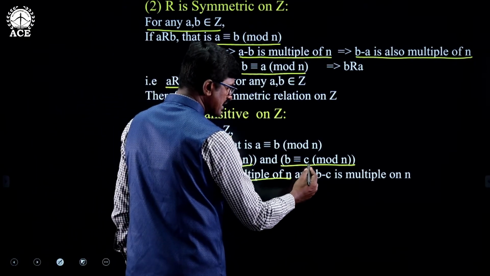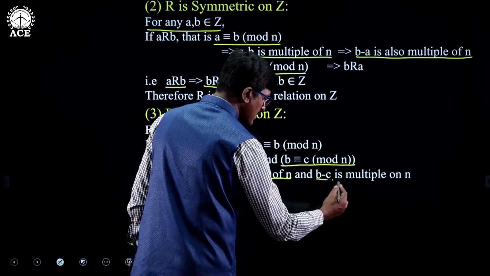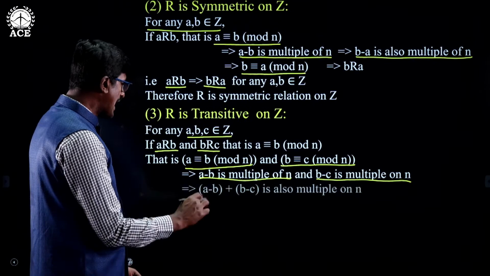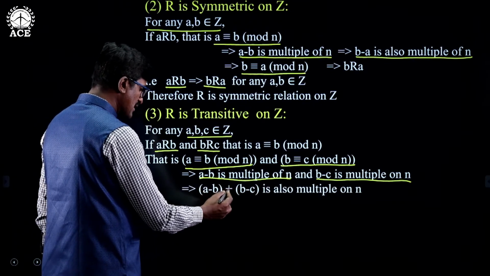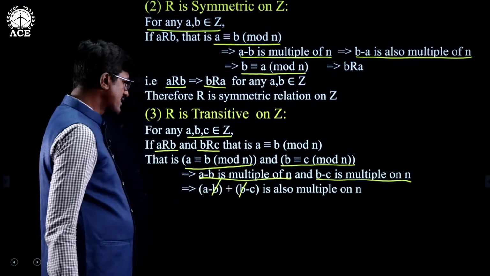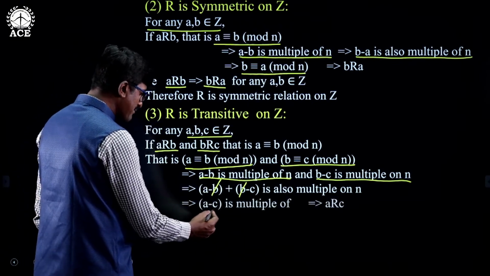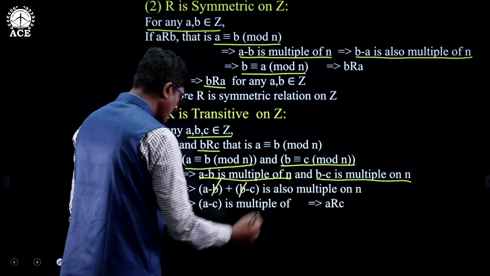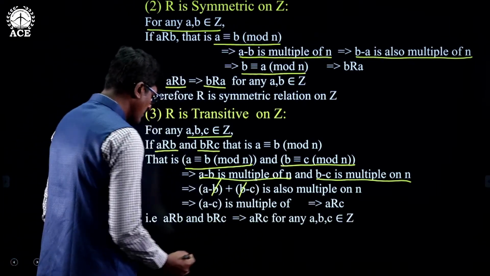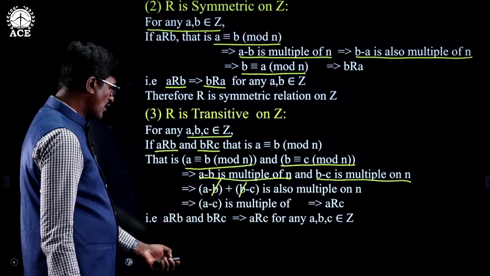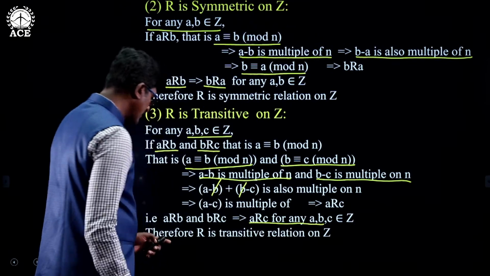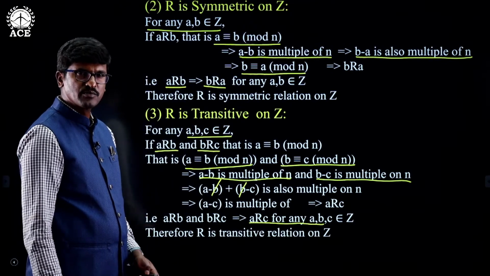B is congruent to C mod n is nothing but B minus C is a multiple of n. Now I am going to add them: A minus B plus B minus C. Minus B and plus B cancel, and you get A minus C is a multiple of n. A minus C is a multiple of n is nothing but A is congruent to C mod n. Therefore, the given relation satisfies the transitive property also.